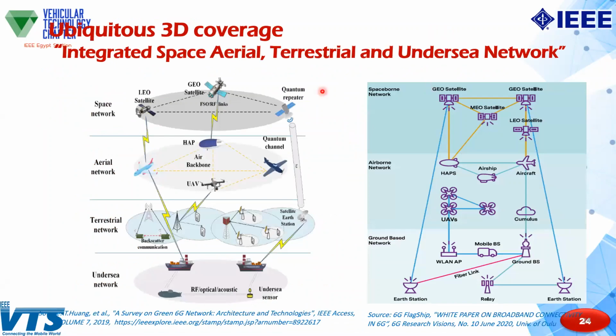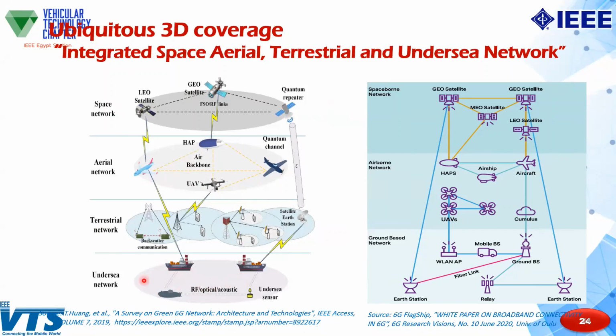This figure is very important because it is called ubiquitous 3D coverage. We have many layers here: the space layer, including LEO satellites, GEO satellites, and quantum repeaters. We have the aerial network, with HAPS, high altitude platforms, quantum channels, UAVs and manned vehicles. Then the terrestrial network, which is the mobile communication facility, and the undersea network by means of ultrasound communication.